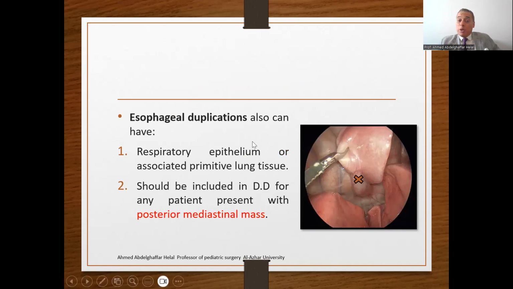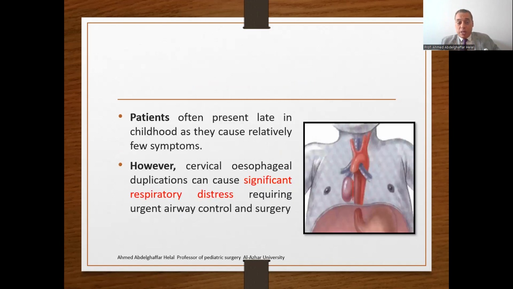Esophageal duplication can also have a respiratory epithelium, primitive lung related to the duplicated part, and should be included in the differential diagnosis of any patient with a posterior mediastinal mass. Patients often present late in esophageal duplication, as they cause relatively few symptoms, not communicating with the lumen.